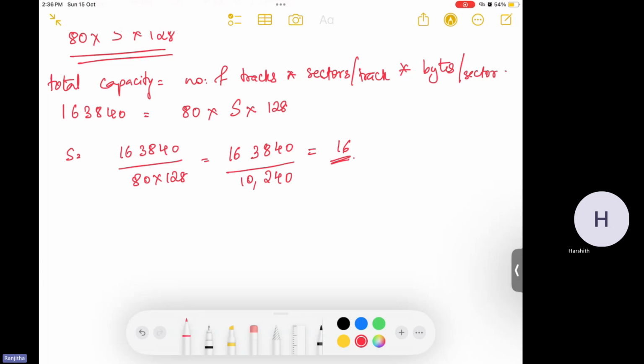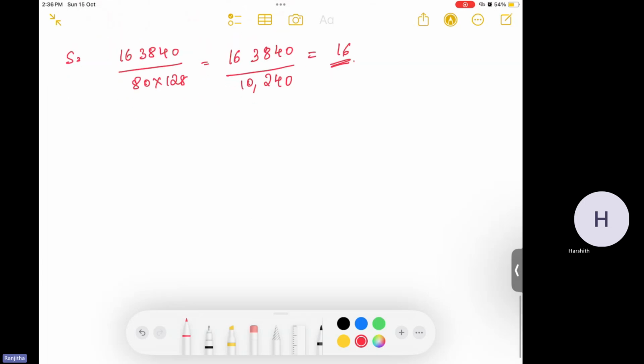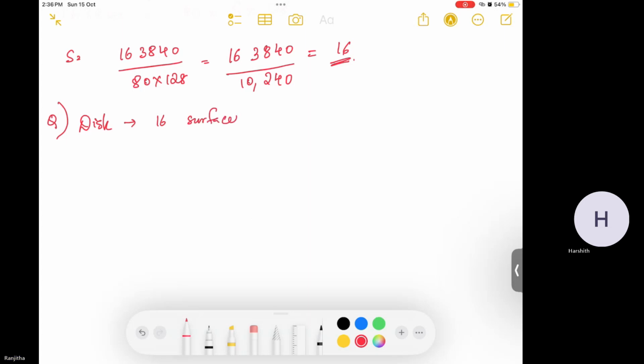Now let's take another question wherein we'll try to compute the access time and all that. Given a disk with 16 surfaces, which implies this is 1, this is 2, this is 3, this is 4, like that, 16 are there. On each surface we will have tracks and sectors.